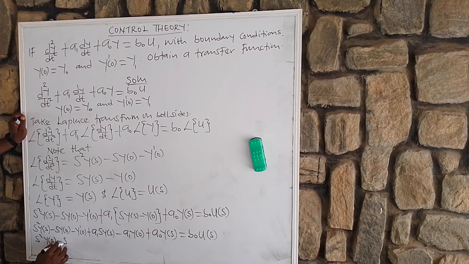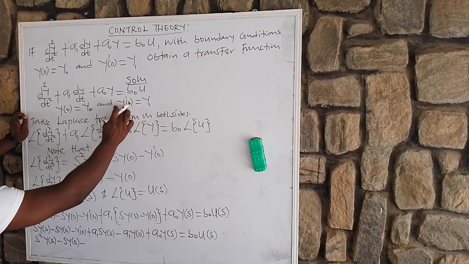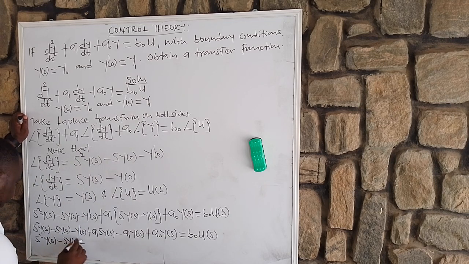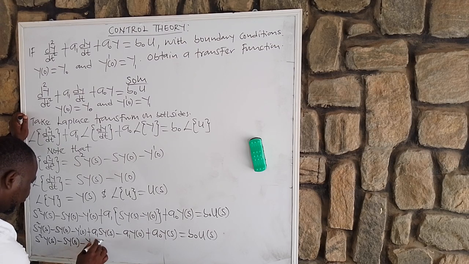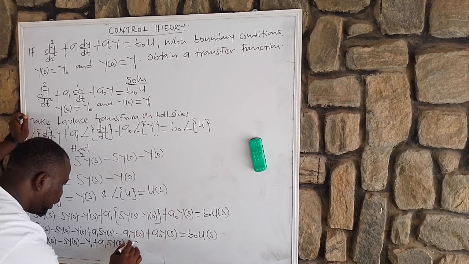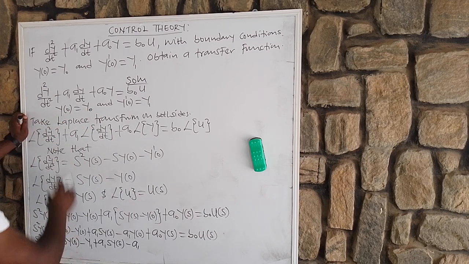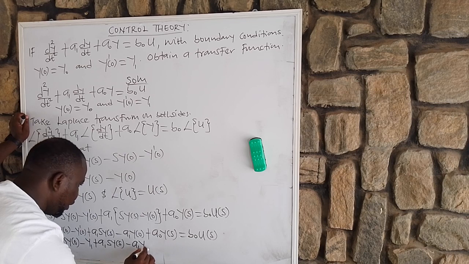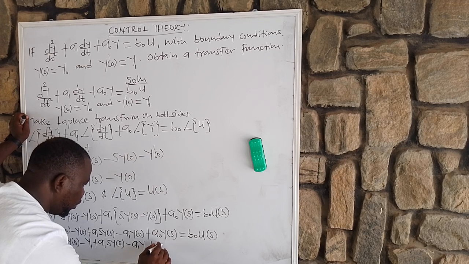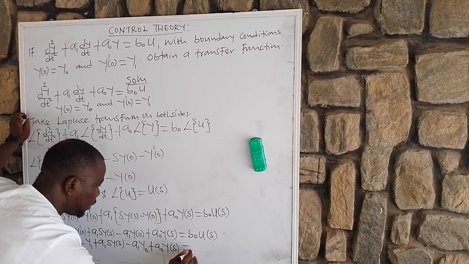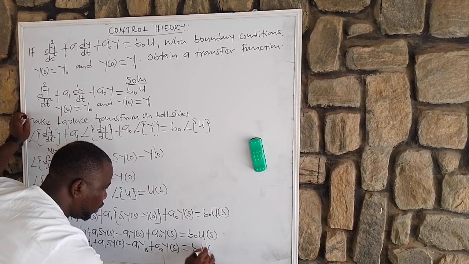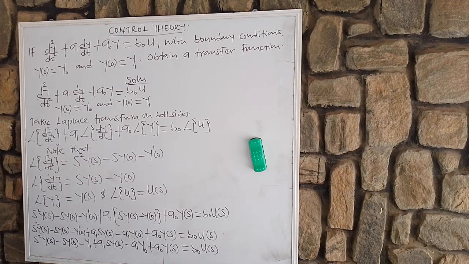So here we are going to write minus s y(0), then minus y'(0), which is y1. So here we write y1 instead of y'(0), then plus a1 sY(s), then minus a1 y(0), which is given as y0, plus a0 Y(s) is equal to b0 U(s).